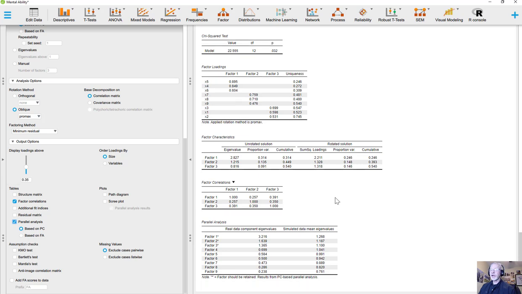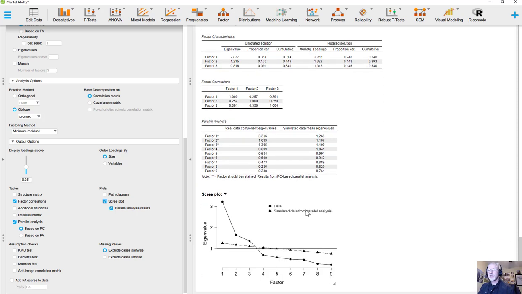Let's do our scree plot with the parallel analysis results. A scree plot is used to give you an idea of how many factors there are. And the parallel analysis has become the gold standard.